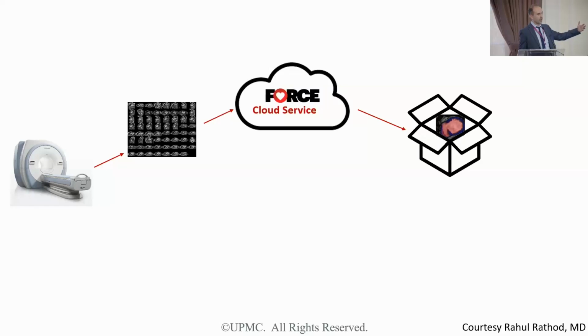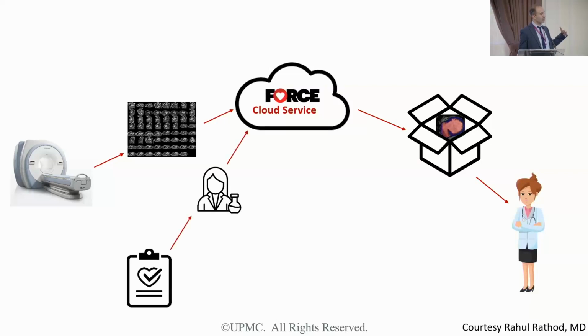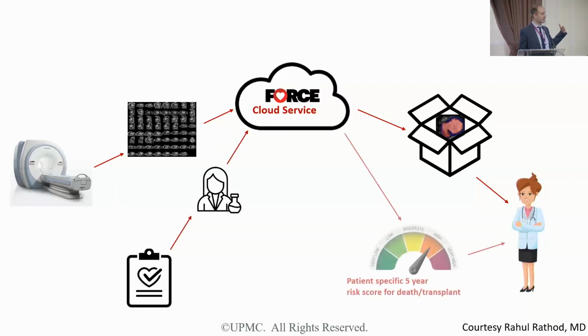They will do that processing really quickly and send the information back to the physician very quickly. Because they also have the clinical data about these patients, they will put all of that into a risk score specific for every patient, let's say for 5-year death or transplant. So that will be image-based precision medicine for these patients.